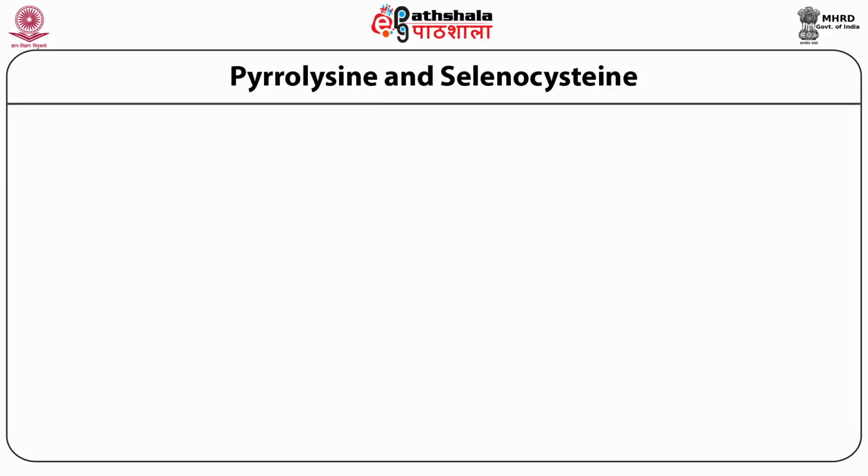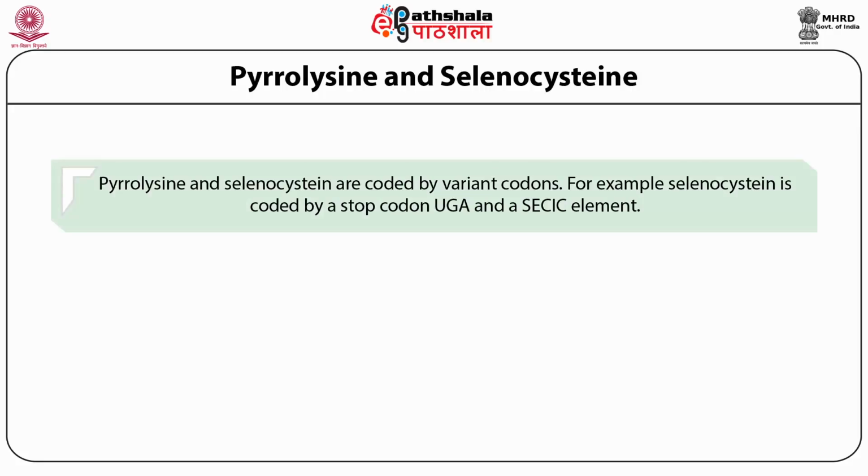Pyrrolysine and selenocysteine, how are these amino acids formed and what codes them? Pyrrolysine and selenocysteine are coded by variant codons. For example, selenocysteine is coded by the stop codon UGA seen just now, and there is a special SECIS element.